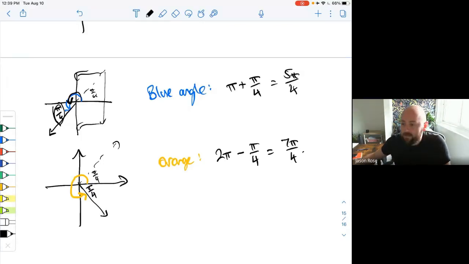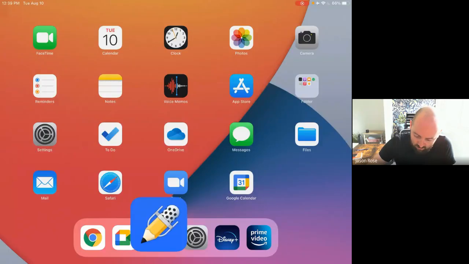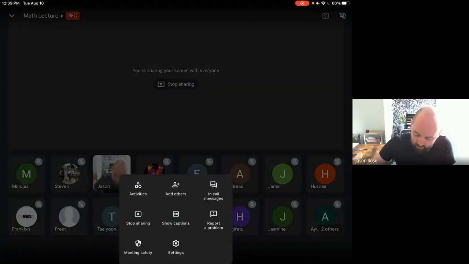Okay. So I'm going to stop sharing here for a second and go back to the book because I've done it in there too. If you do that for all of those angles that we developed, right?